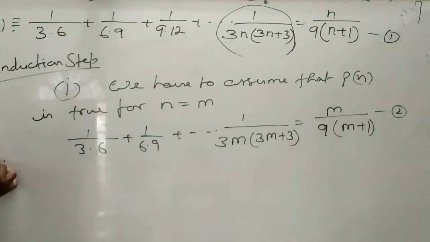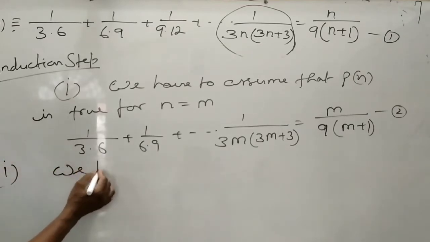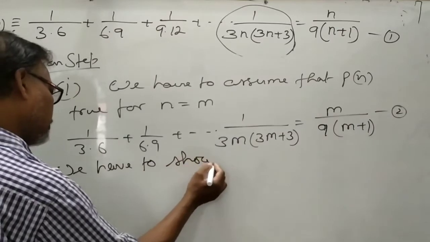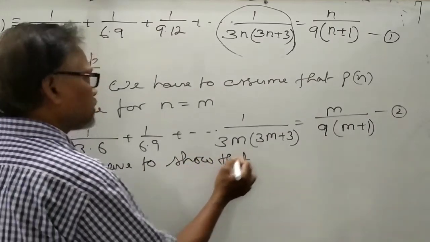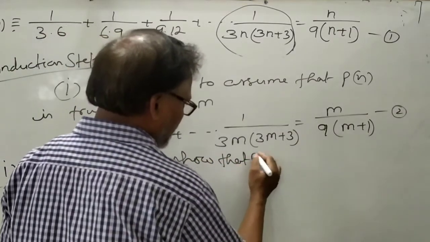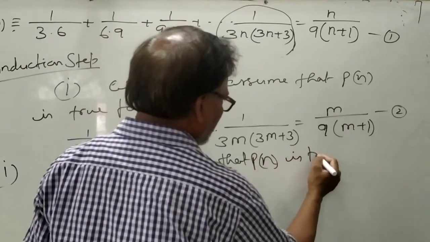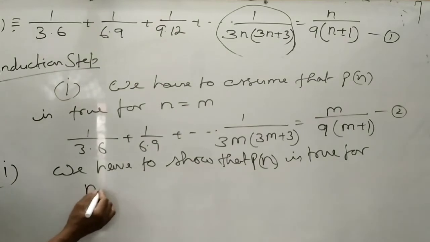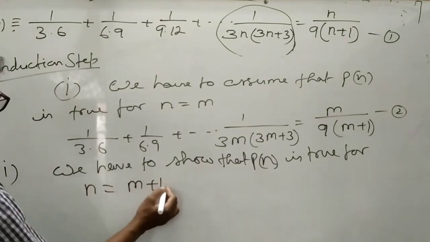At the second part of the induction step, again we have to show that Pn is true for n is equal to m plus 1.